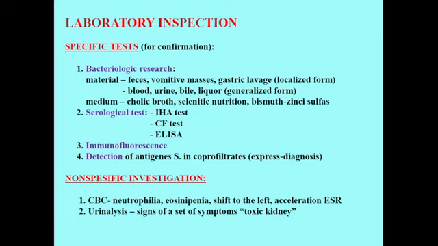In generalized form, you may test it. Medium may be chloric broth, salinity nutrition, bismuth sulfite. Serological tests: EHA test, CF test, ELISA test, immunofluorescence, detection of antigens of Salmonella in copper filtrates. It's a rapid test, express diagnosis.